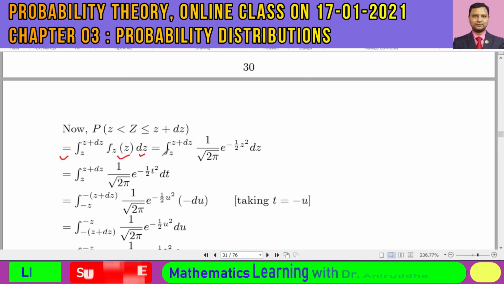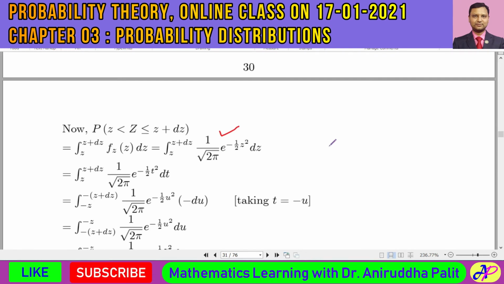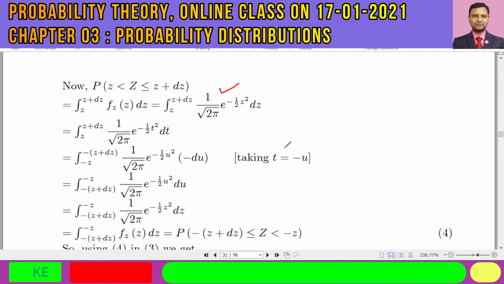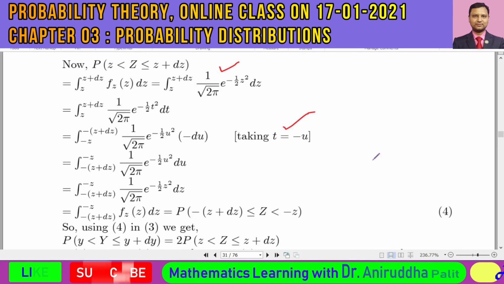And what is the density function of Z? This is the density function of Z, that is actually the density function of the standard normal distribution. And in this integral, just consider the transformation t is equal to minus u. Okay, consider the transformation t is equal to minus u.